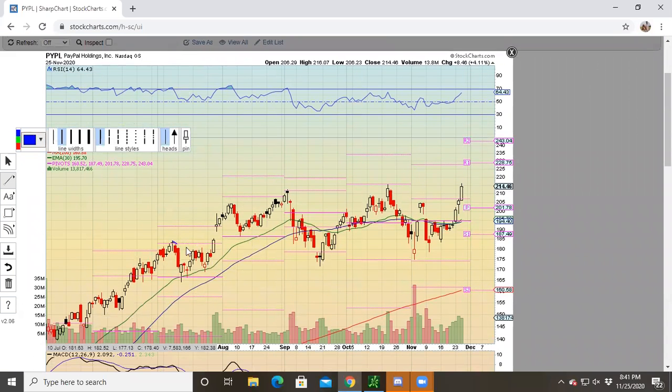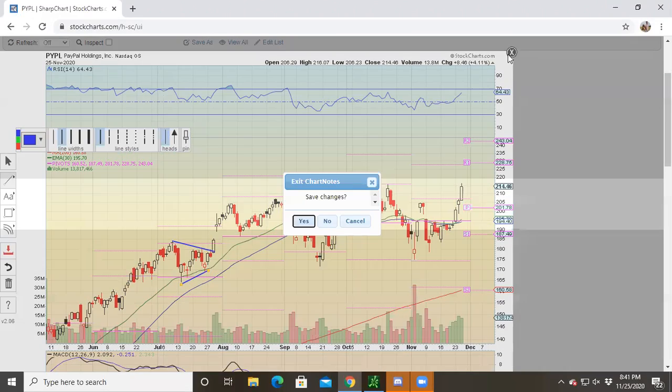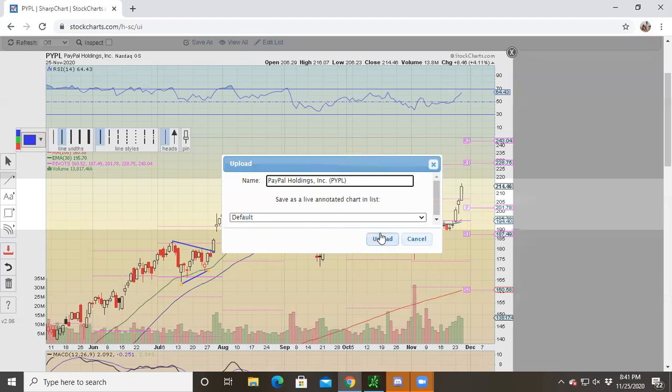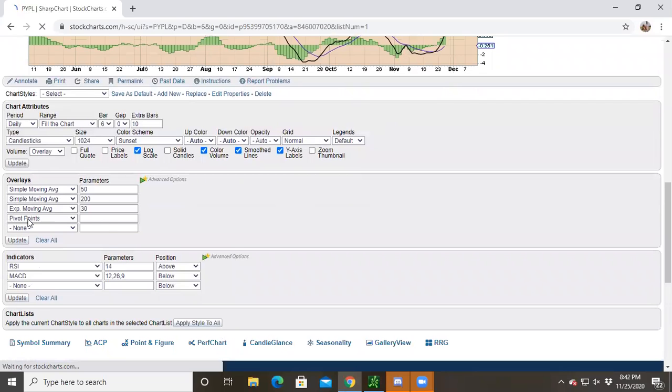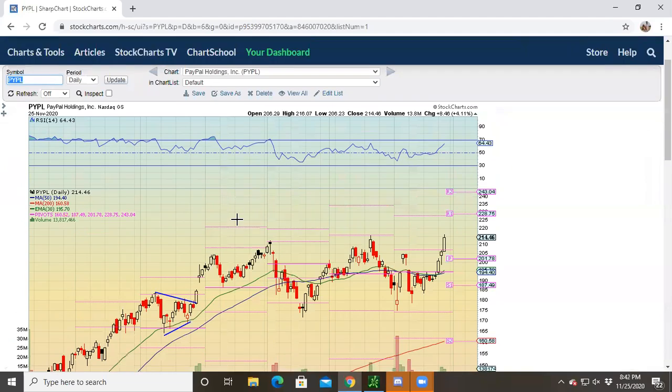I like taking, so here's your move that we were just looking at, right? Here's your bullish pennant. On here I run this with a pivot on stock charts. So I have my pivot points, I have my exponential 30, 250, right?